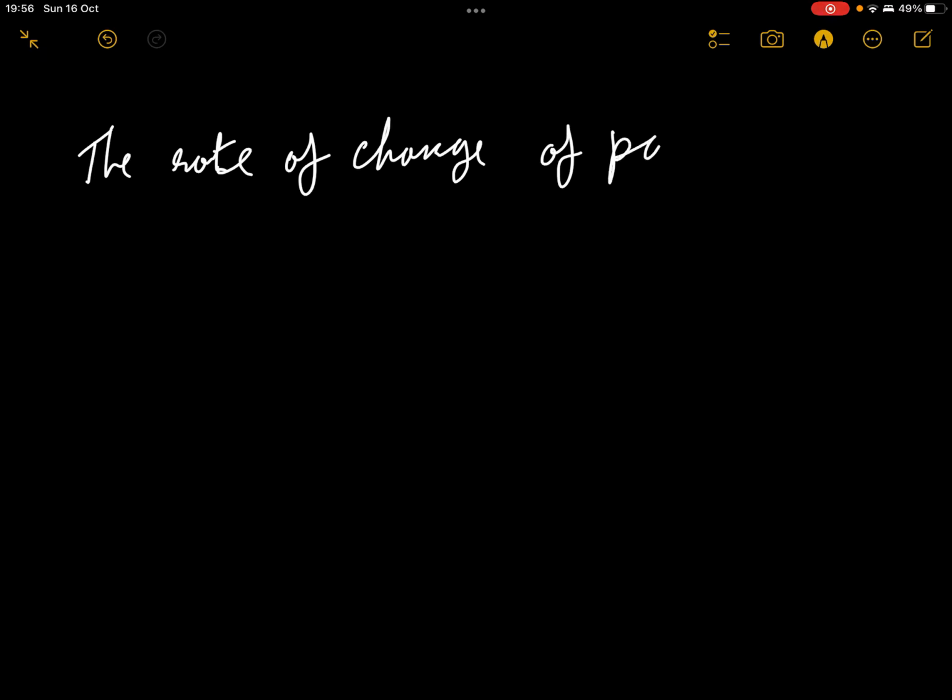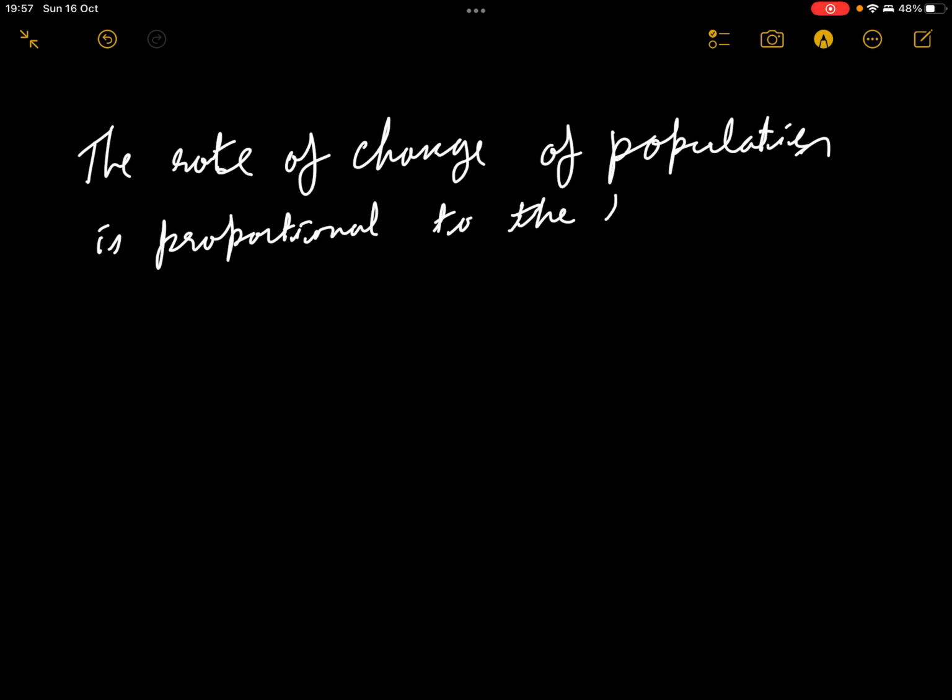So for example, we could say an equation like the rate of change of population is proportional to the population, by which I mean number of people that are already there.